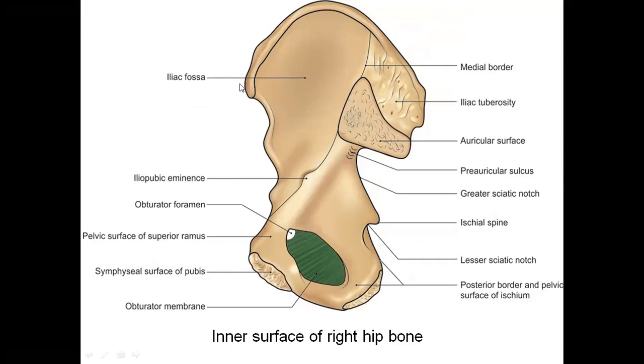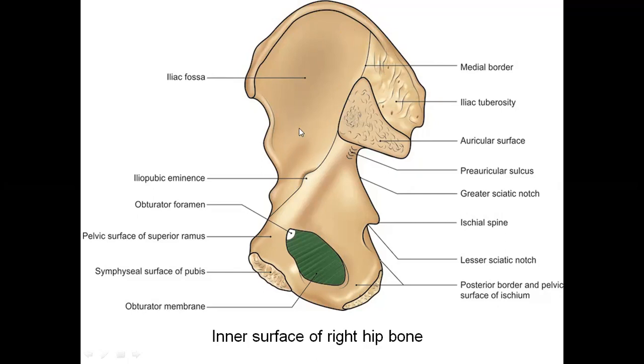If you divide the iliac crest into anterior two-thirds and posterior one-third and trace from that junction, there is a sharp border going downwards and medially. This border is the medial border. So we have three borders: anterior border, posterior border, and medial border.